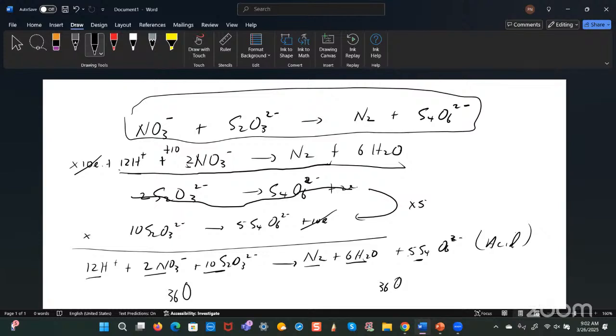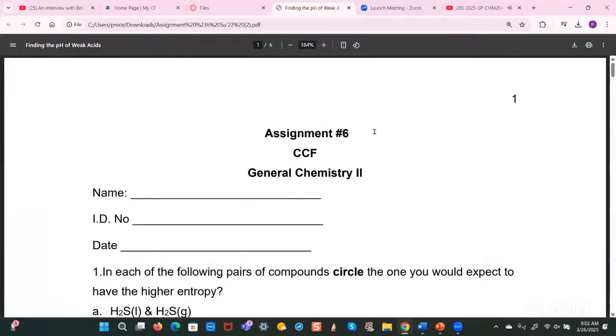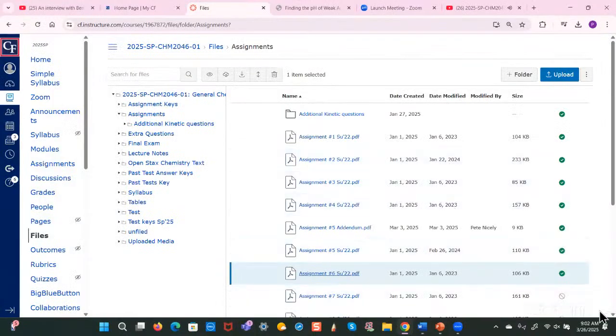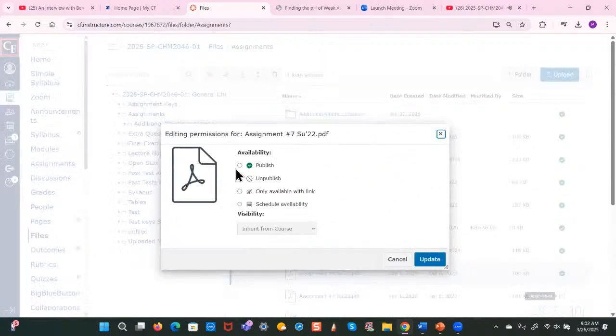There's one more example I want to do, but I'm not sure if we'll be able to finish within the time allotted. In the meantime, as I said before, I forgot to bring down the copies of the assignment for this chapter. So what I'm going to do is publish that assignment now.